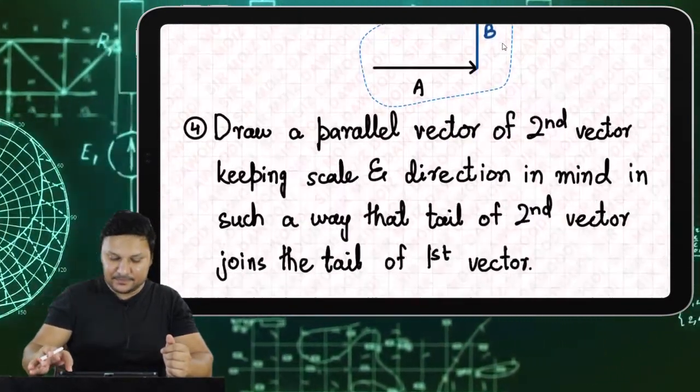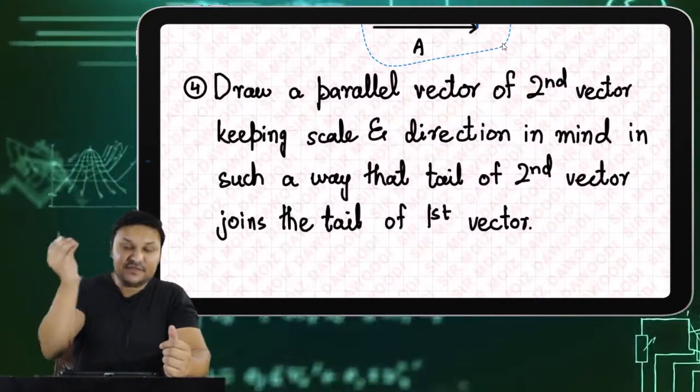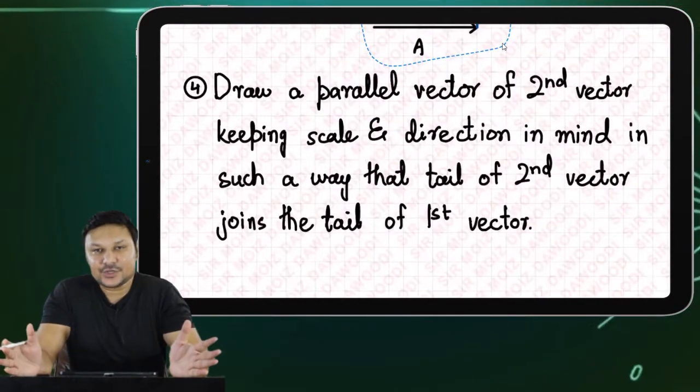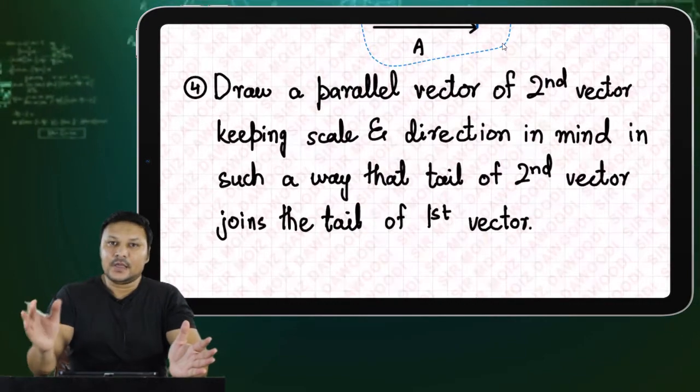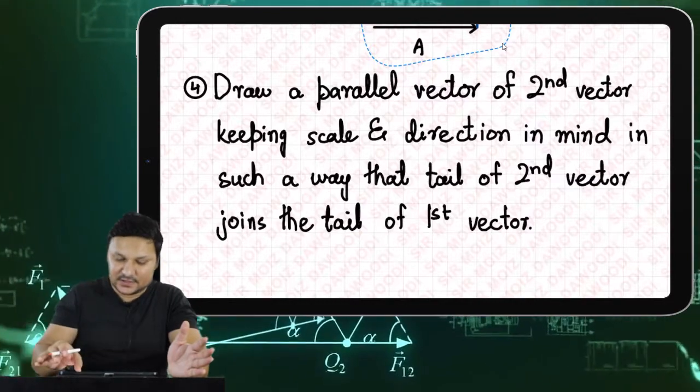Now, the next step, draw a parallel vector of second vector in front of it, keeping the scale and direction in mind, in such a way that the second vector's tail should join the first vector's tail.